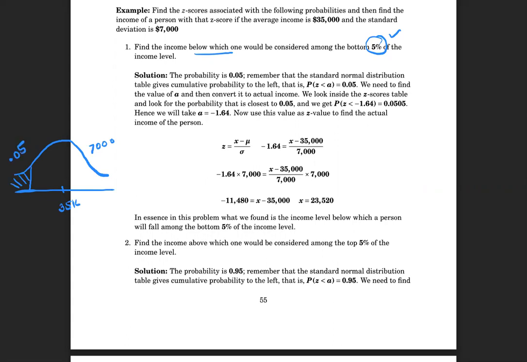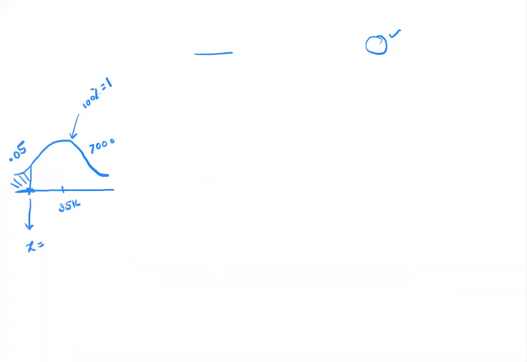Remember, all the area under the curve is 100% or 1. So you want the bottom 5%. So we are looking for this income, how much you have to make in order to be in the bottom 5% of the income level in the society.